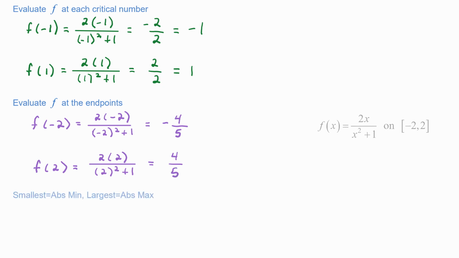And in step 4, we know the smallest y value of these four will be the absolute min. So the smallest is y equals -1, so that means the absolute min is equal to -1, and of course that occurs at x equals -1. And the largest y value will be the absolute max, and that turns out to be y equals 1.